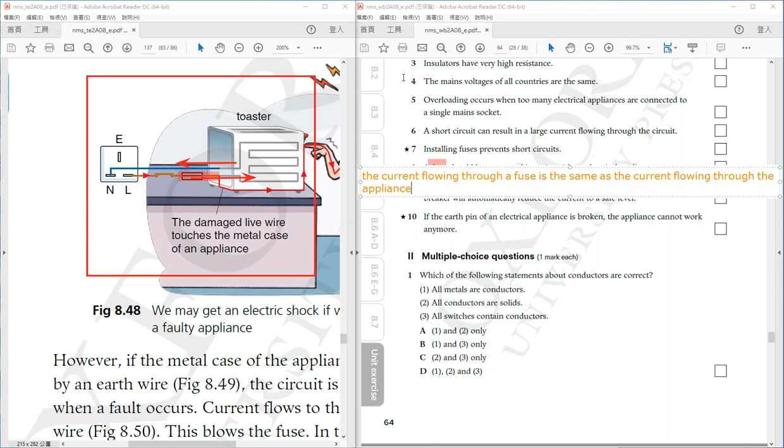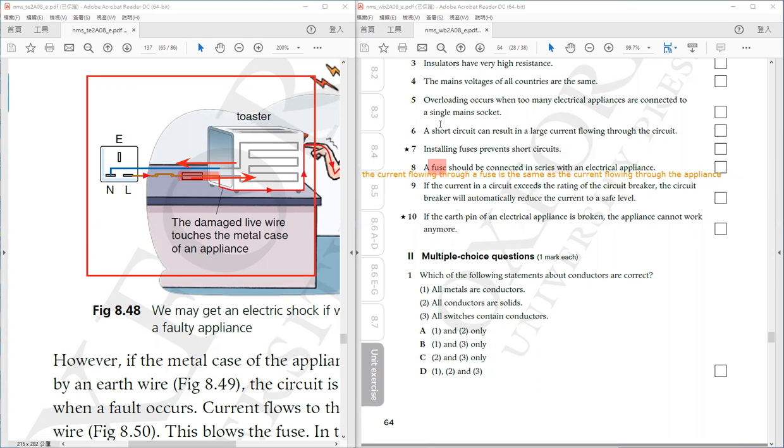The current flowing through a fuse is the same as the current flowing through the appliance. Therefore, when the current flowing through the appliance is too large, the current flowing through the fuse is also too large.